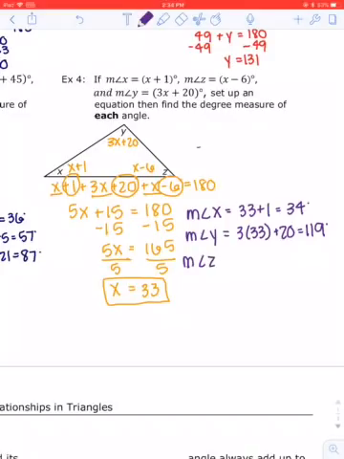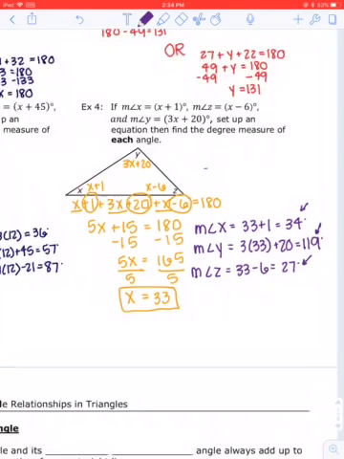Measure of angle z, 33 minus 6, which is 27 degrees. And to check your work, even if I were not doing this video, you could add these angle measures together, and if they added up to 180, you probably did something right.